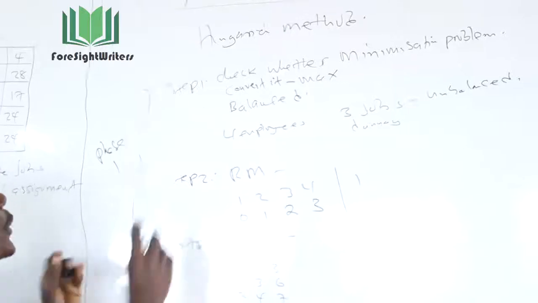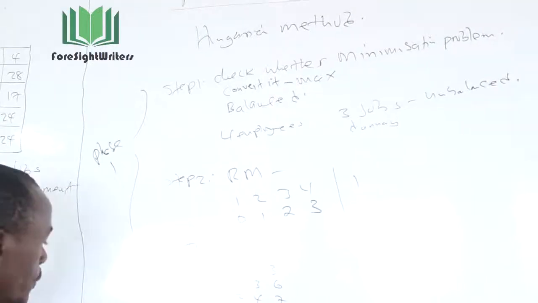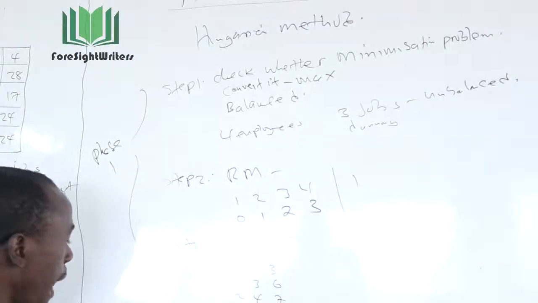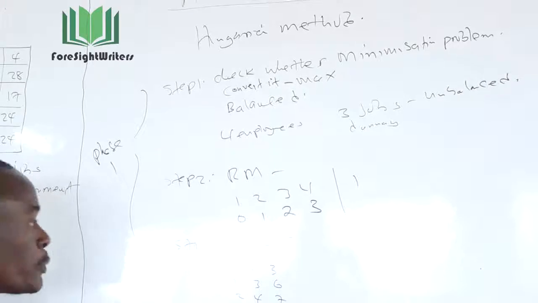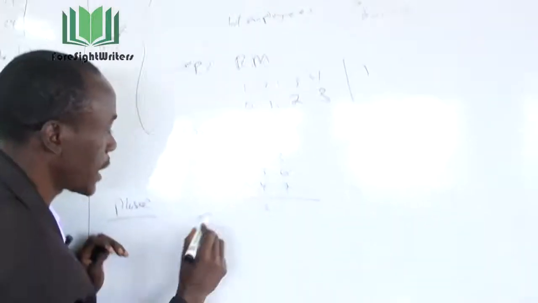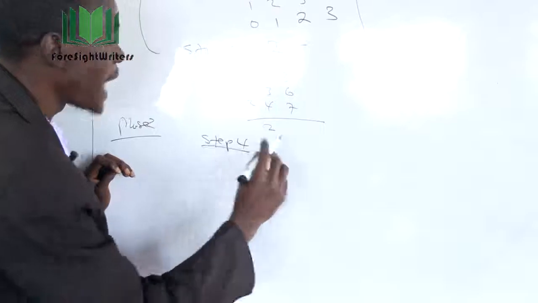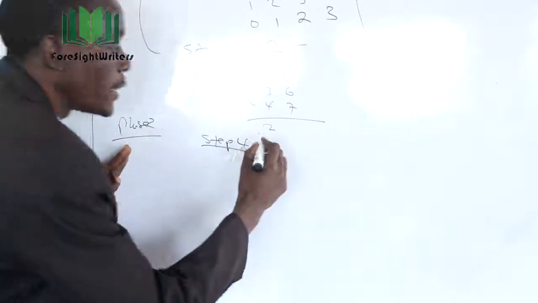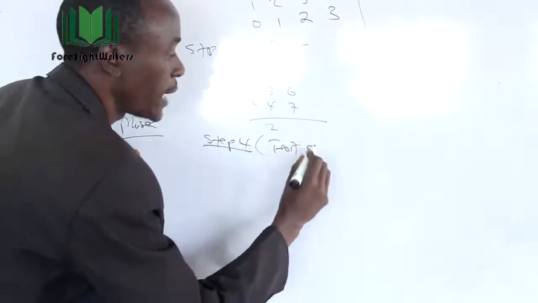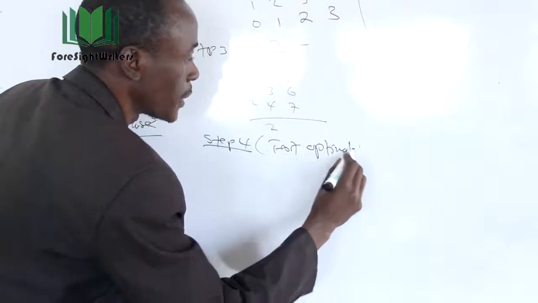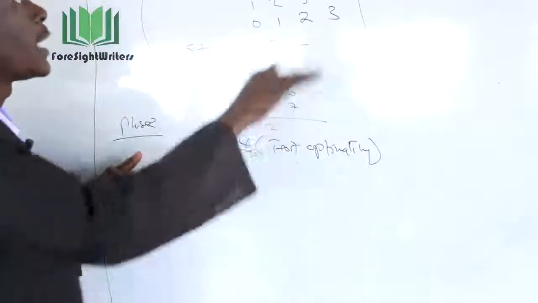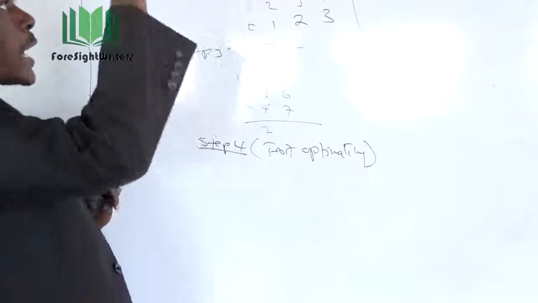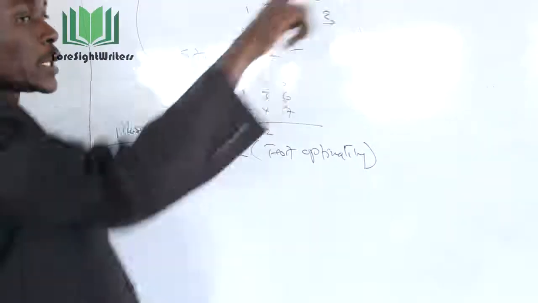Once we are through with phase 1, we go to phase 2. Phase 2 also has 3 steps, which means now we shall be looking at step number 4. Phase 2 is the phase of testing for optimality. We want now to assign the values. If there are employees, we want to assign them to the various jobs.